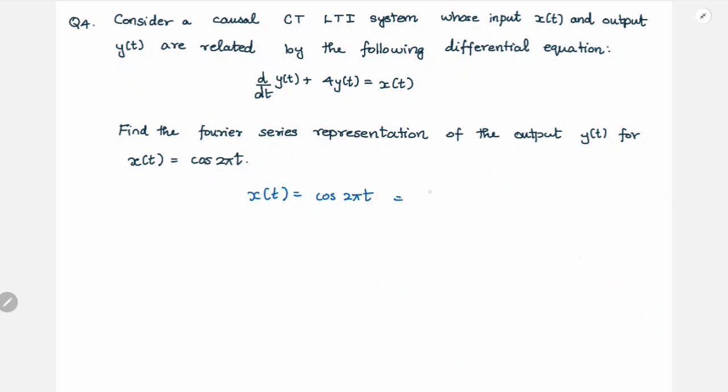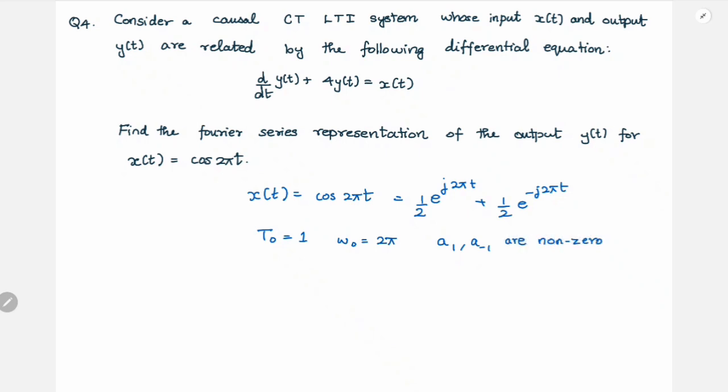So x of t is cos 2 pi t, which is half e power j 2 pi t plus half e power minus j 2 pi t, because its time period is 1 and its omega naught is 2 pi, and only a1 and a minus 1 are non-zero.